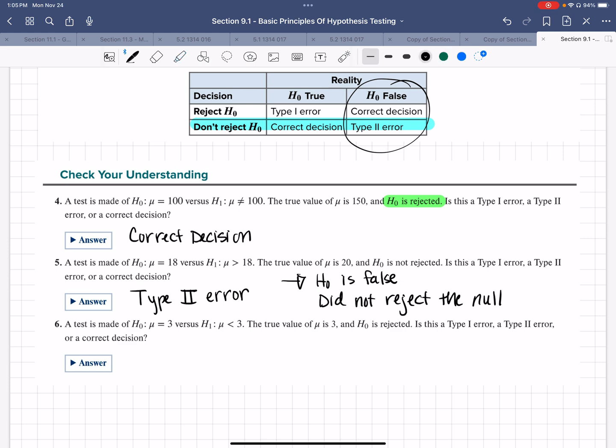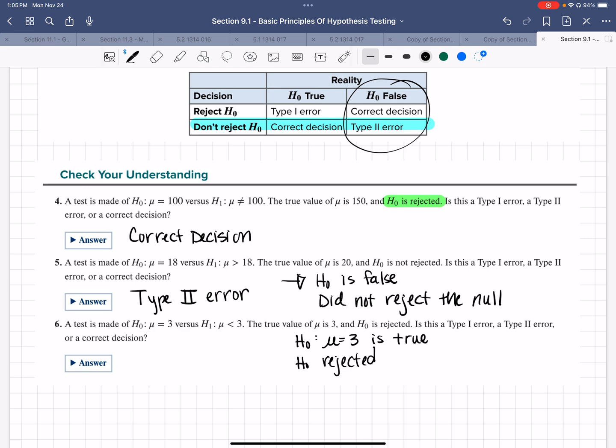So let's try the last one. It says a test is made of the null mu equals 3 versus the alternate, which says less than. The true value is 3, so that means the null of mu equals 3 is true, and the null is rejected.